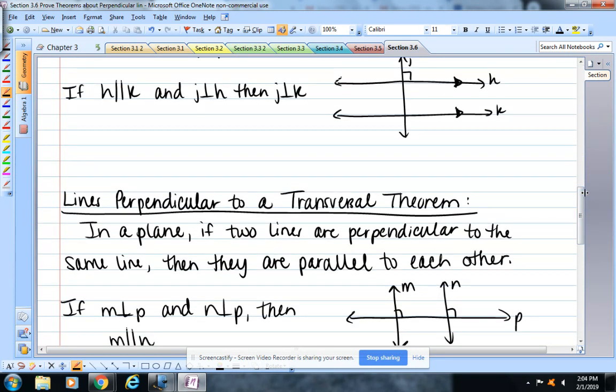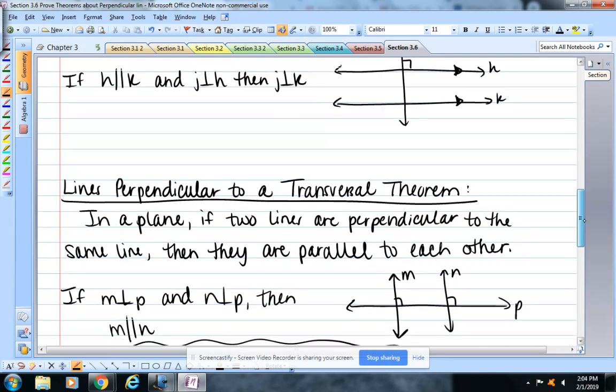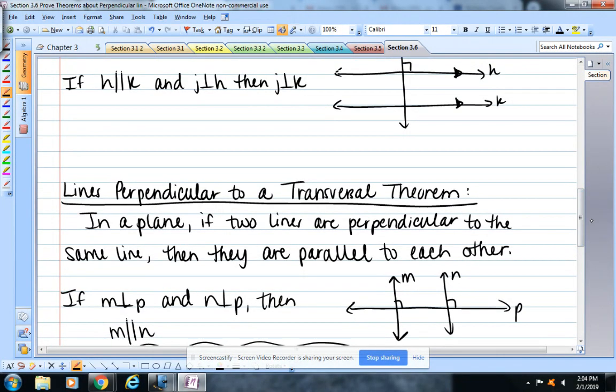Last one is the one that kind of goes sideways because I ran out of room. And this is kind of like the converse of that last theorem. Remember, converse swaps the order? Y'all remember that? So this is kind of like the converse theorem.